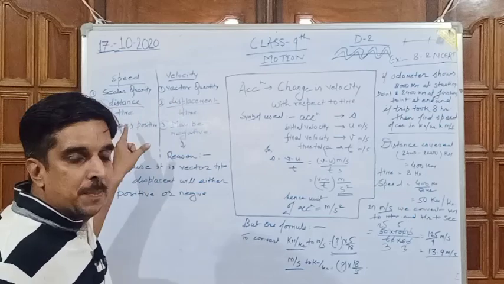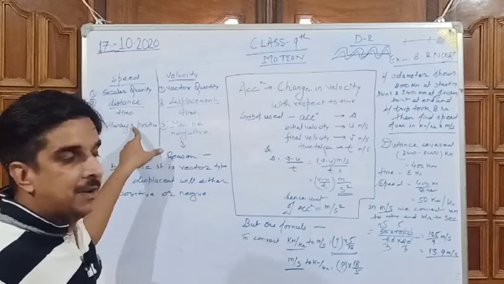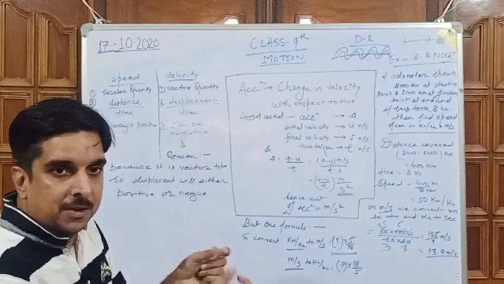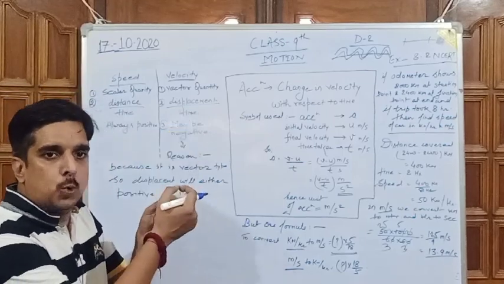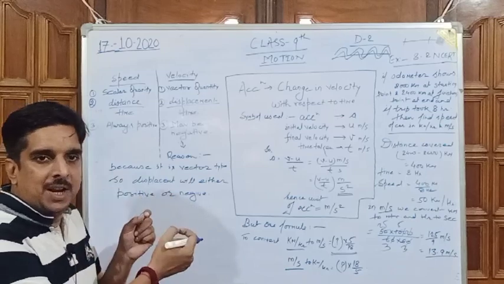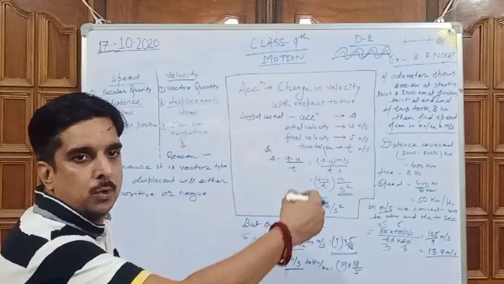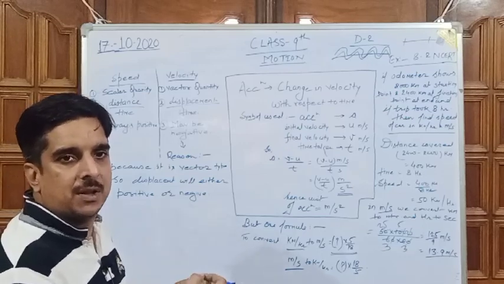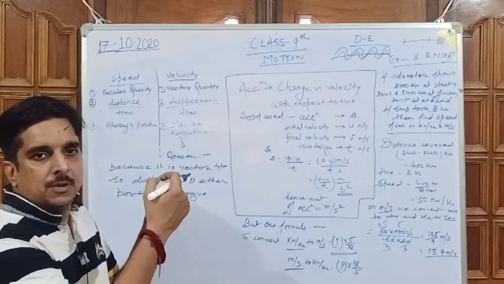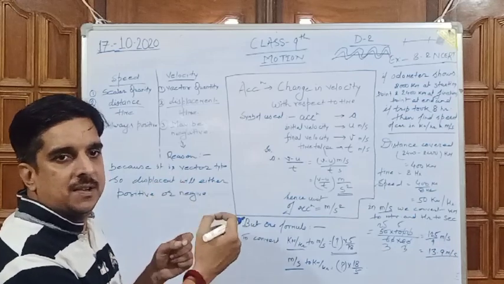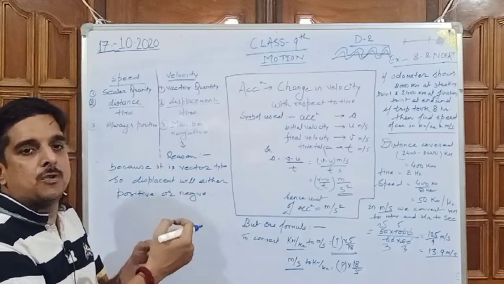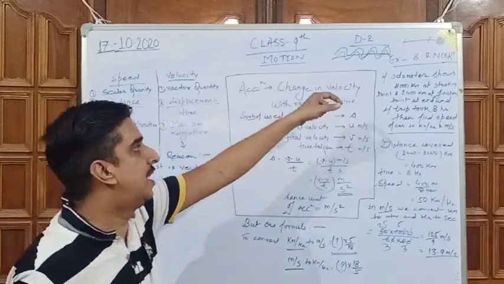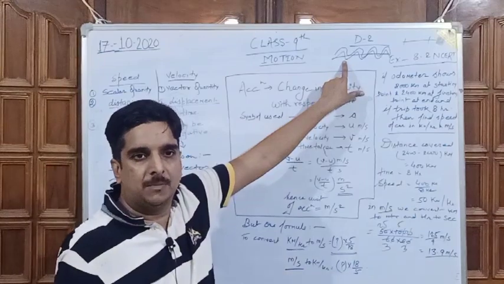Second one, speed is equal to distance by time taken and velocity is equal to displacement by time taken. So here we are seeing 2 different terms. For finding the speed, we calculate the total traveled distance by total time taken, whereas for calculating the velocity, we just find the difference of distance between the final position and initial position, as we understood with that example.